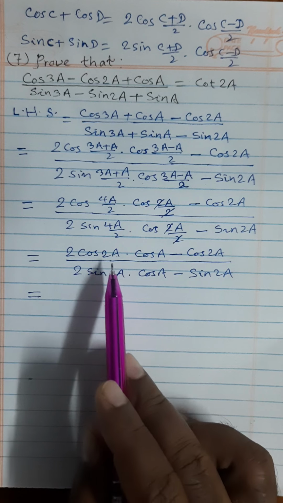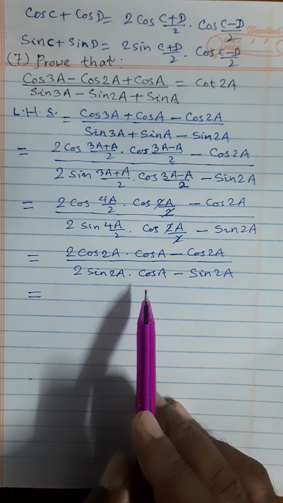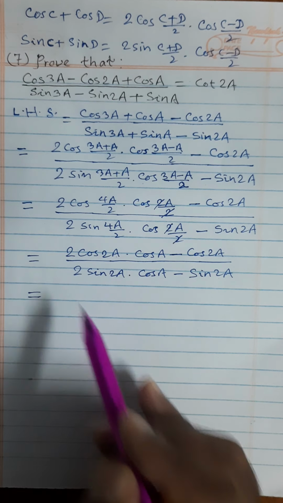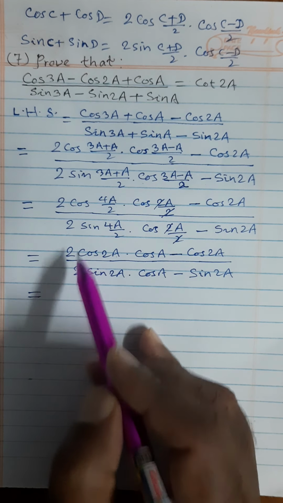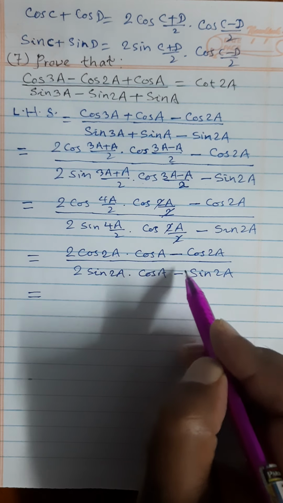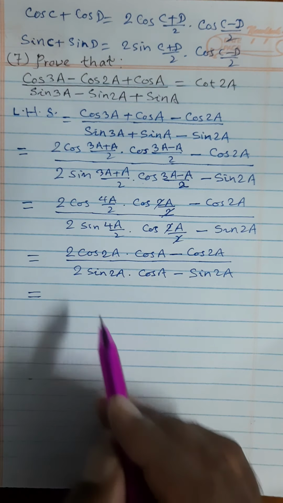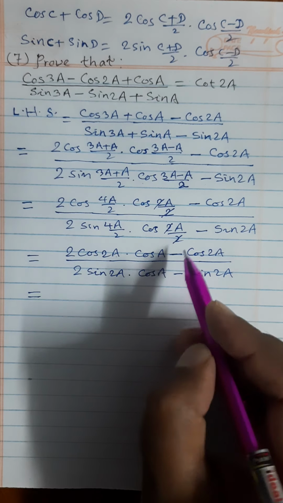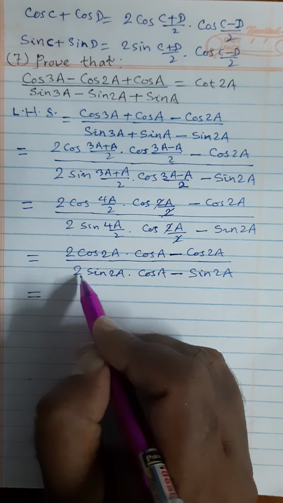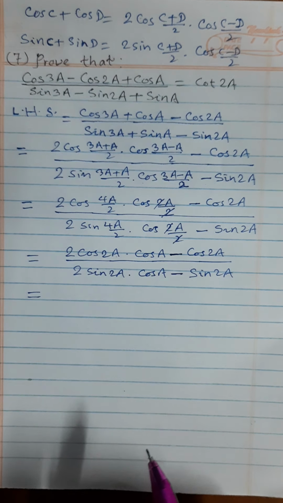After this we should take out cos 2a common from this. Some students cancel this 2 and 2 also. Here is a minus sign, you can't cancel, okay, don't make that mistake. If here is a multiplication sign, then only we can cancel 2 and 2 in numerator and denominator. But if here is a minus sign or plus sign in the middle, then this coefficient in numerator and denominator can't be cancelled.